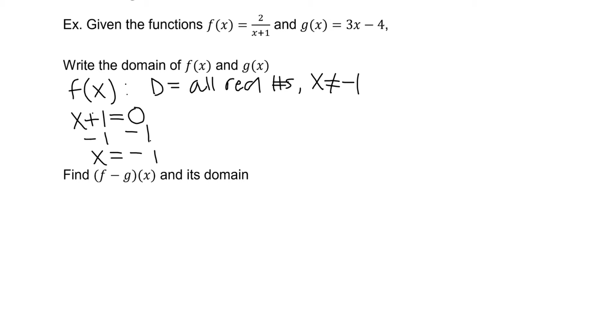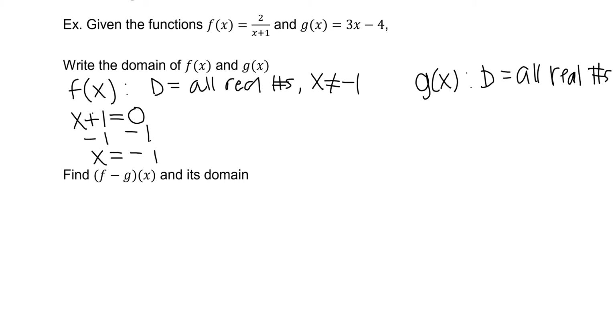For our second function, g(x), which is 3x − 4, its parent function is our linear function, and linear functions' domains are all real numbers. So its domain is all real numbers.